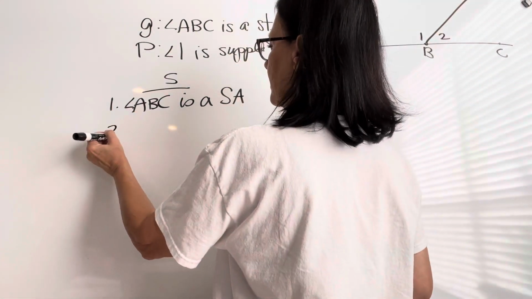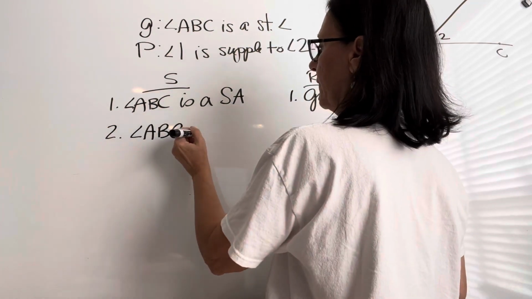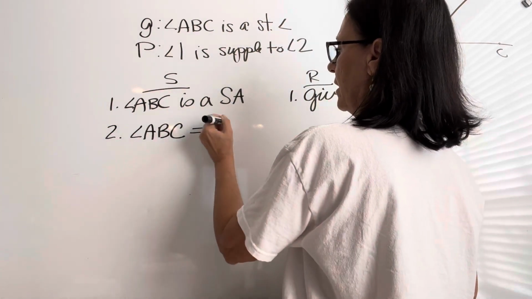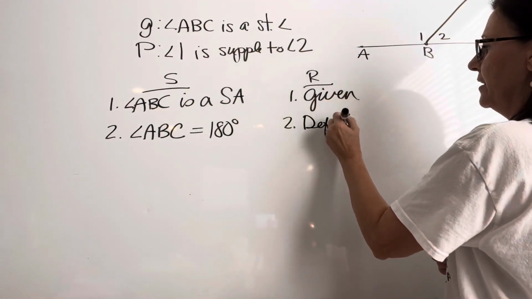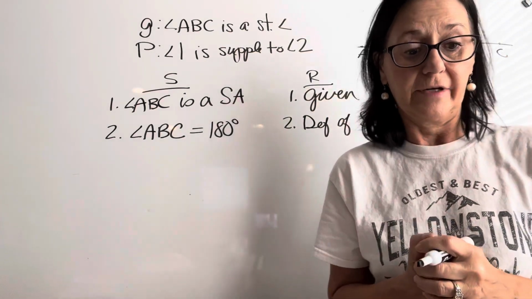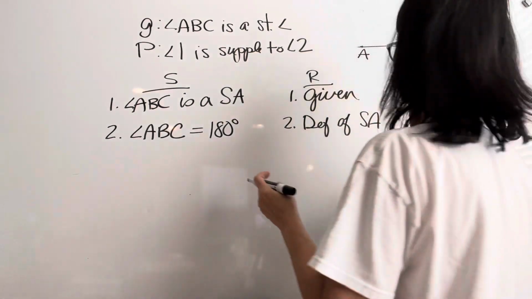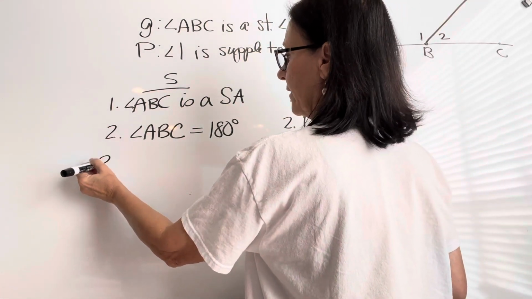All right, so we're going to say angle ABC is equal to 180 degrees. And that is going to be the definition of a straight angle. Or you could say the measure of a straight angle is 180 degrees. Then we're going to use the betweenness of rays theorem.